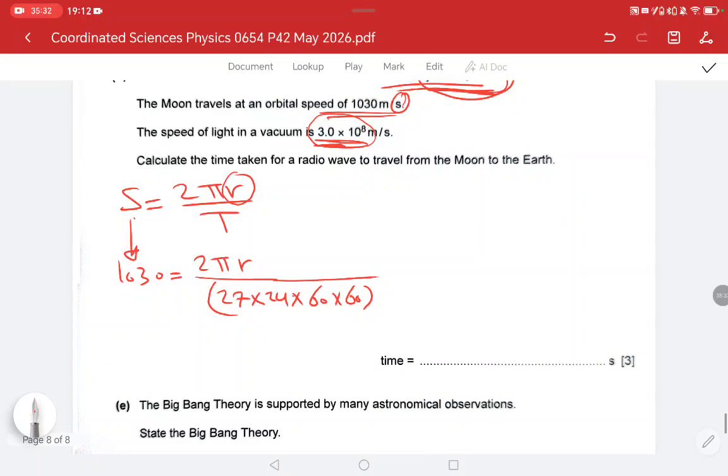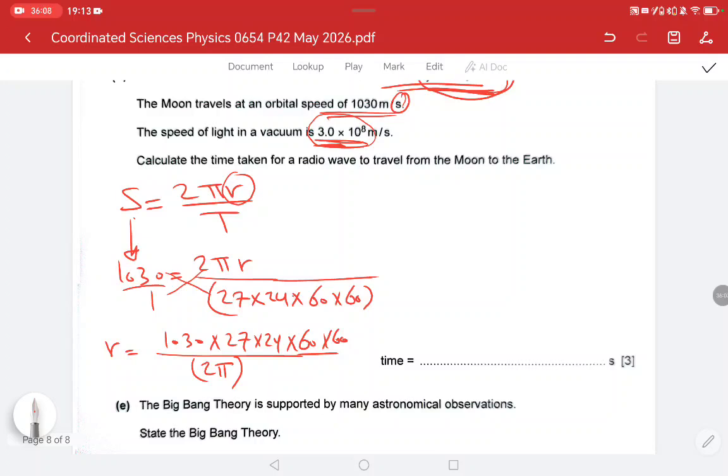If you cross multiply, you will find that r equals 1030 times 27 times 24 times 60 times 60, all of this divided by 2 pi.